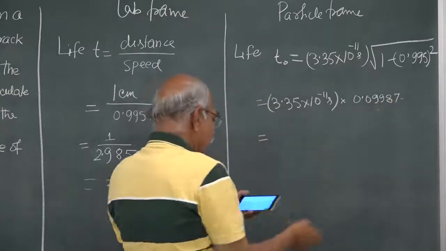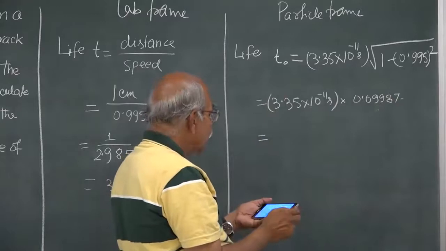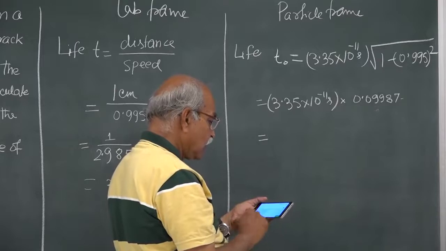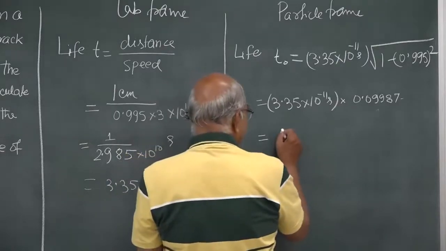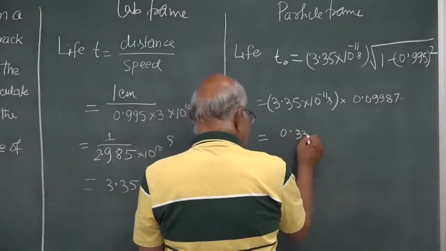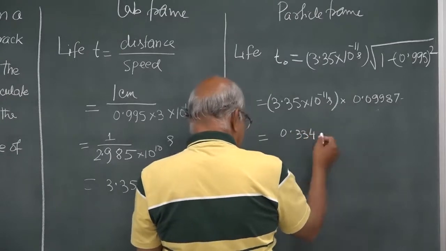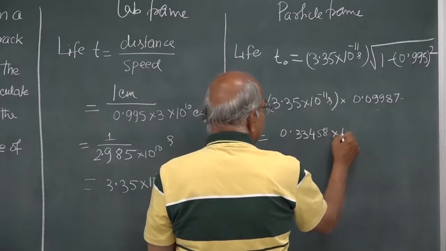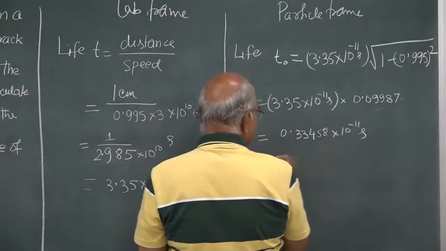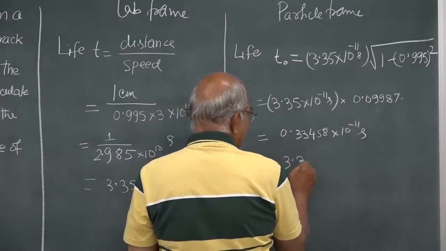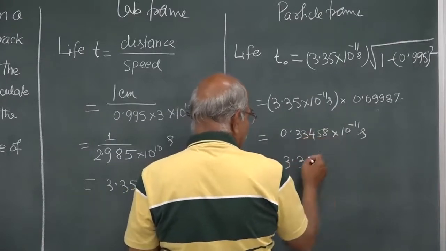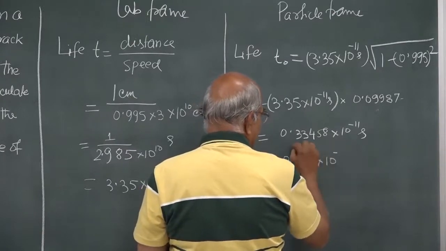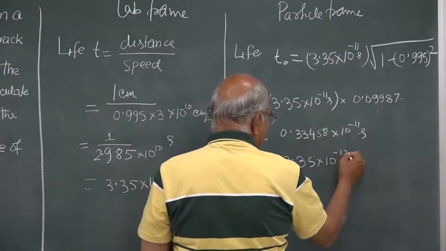If you multiply this by 3.35, it is 0.334, like that, 5, 8, and that into 10 power minus 11 second, or you can write it as 3.35 if you want to round it off, into 10 to the power minus, you have multiplied, so you have to divide, minus 12 seconds.